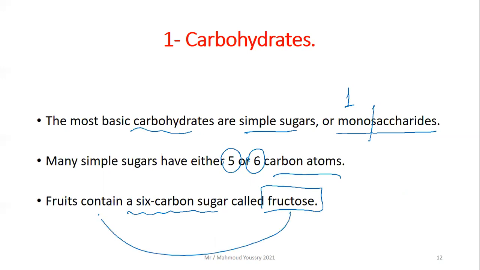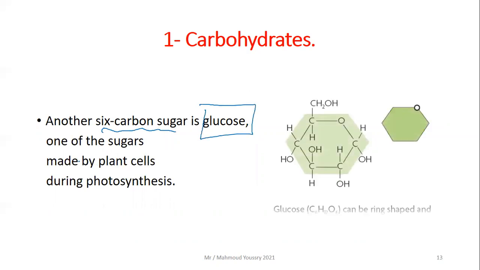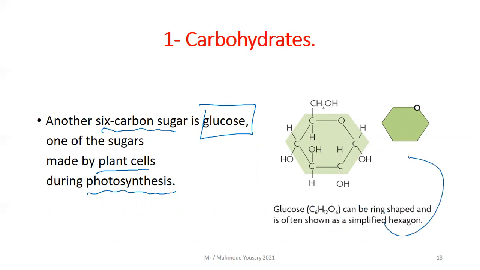So fructose is the sugar of fruits. Also, another 6 carbon sugar is glucose. Glucose is one of the sugars made by plant cells during the process of photosynthesis. Glucose can be ring-shaped, which is often shown as a simplified hexagon.